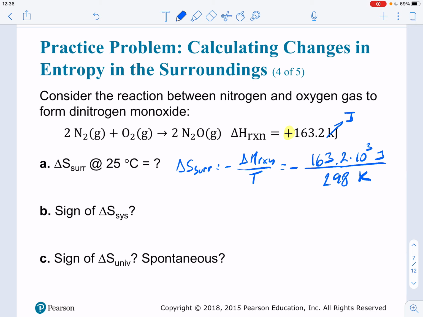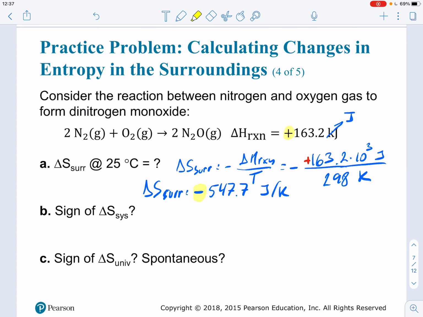So what you get out of here, now this was positive, right? We have a positive sign there for the change in enthalpy for the reaction. Therefore, your change in entropy for the surroundings is equal to minus 547.7 joules per Kelvin. So we have a negative sign here.